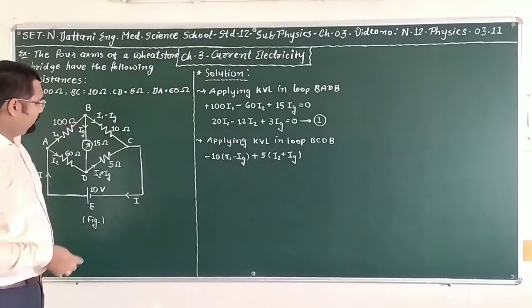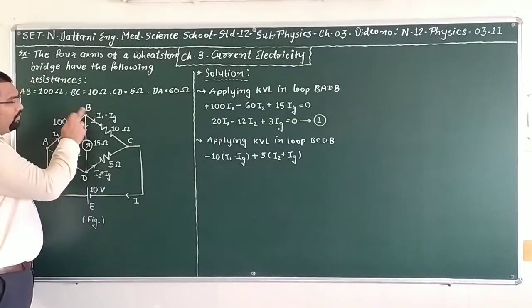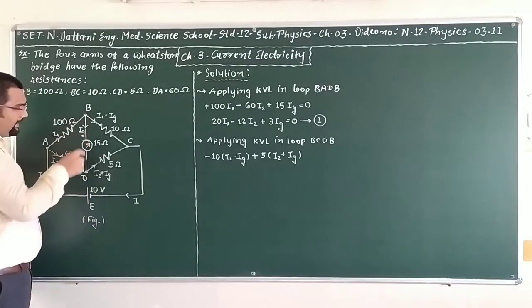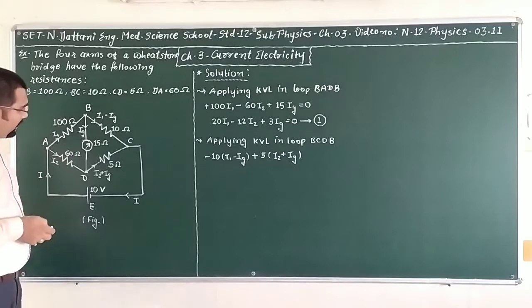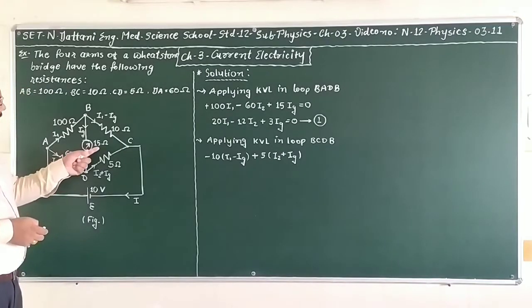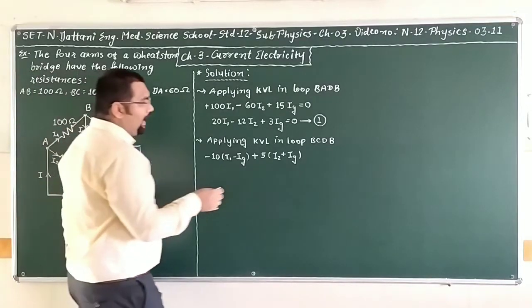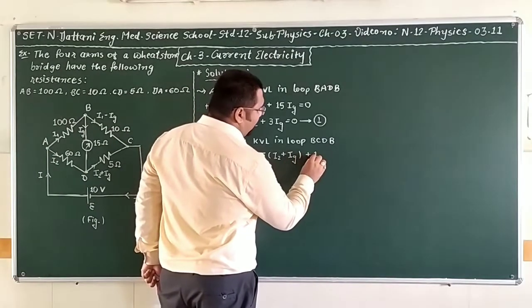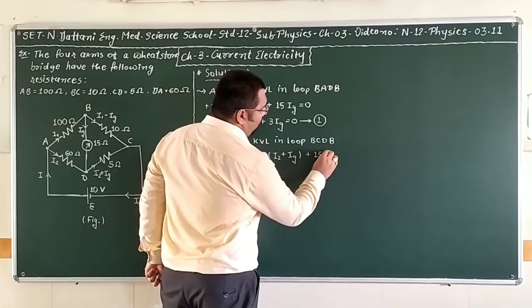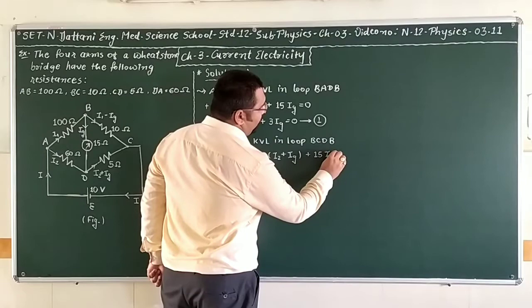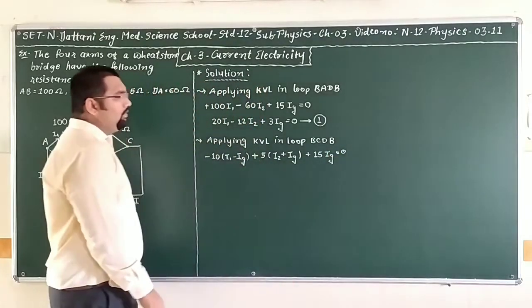And now we will go from D to B. The directions are here opposite, so we are taking the positive sign, plus 15 into Ig, that is 15 Ig equal to 0.